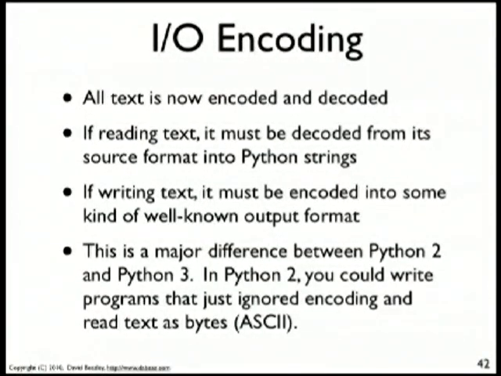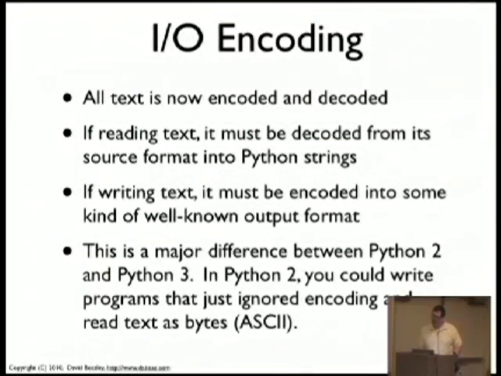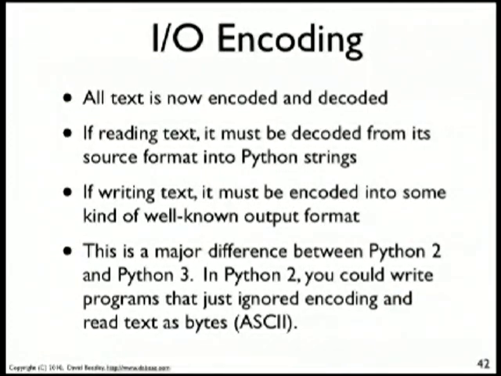So all text that you read in Python has to be encoded or decoded. Anytime you're reading text, you have to know what the source format is and turn that into a Python string. If you're writing text, you have to know what output format you want. That's the major difference between Python 2 and 3 with text: there's now this encoding and decoding process that always takes place on the file system.